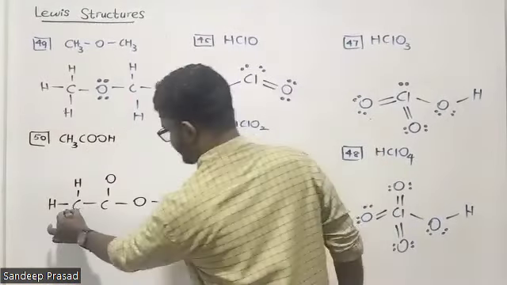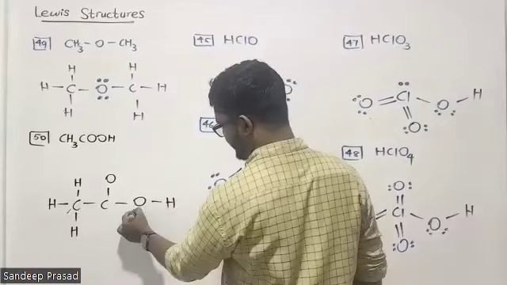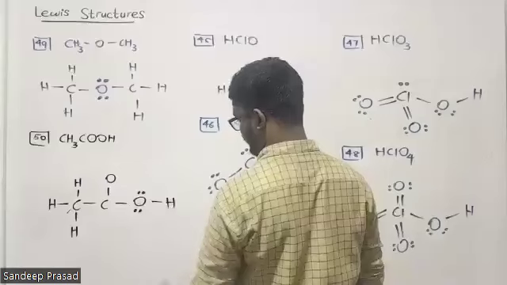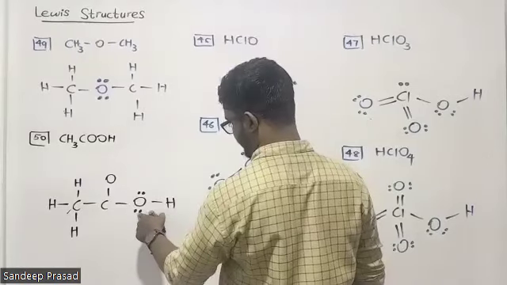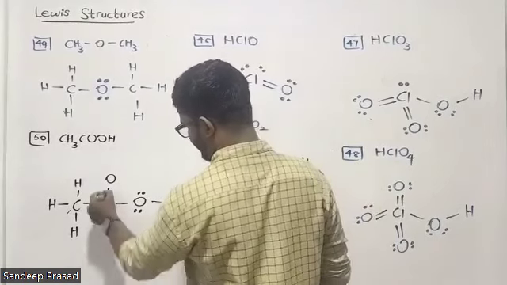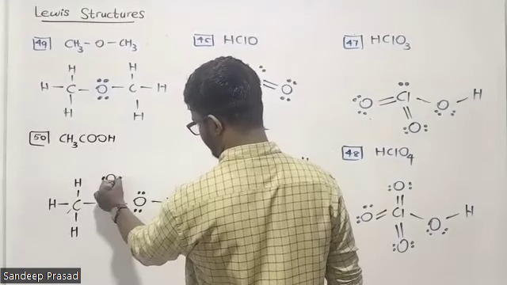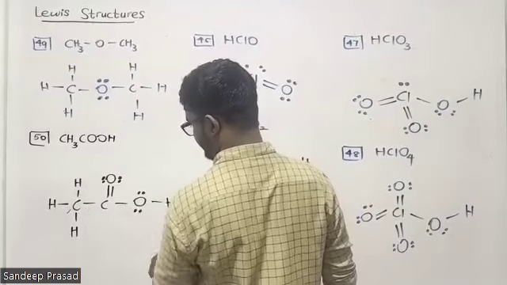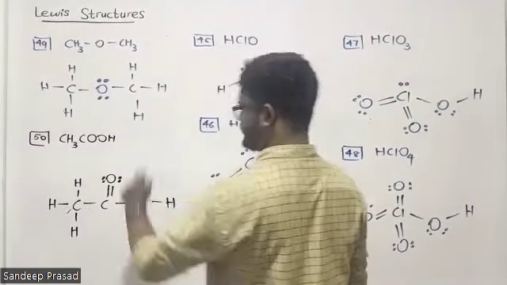This carbon atom is satisfying the octet. In order to complete the octet of this oxygen, we can put 2 lone pairs, and the valence shell electrons are 1, 2, 3, 4, 5, 6. Okay. And we can make a double bond. Then this is neutral. Carbon is satisfying the octet. Valence shell electrons are okay. Acetic acid.